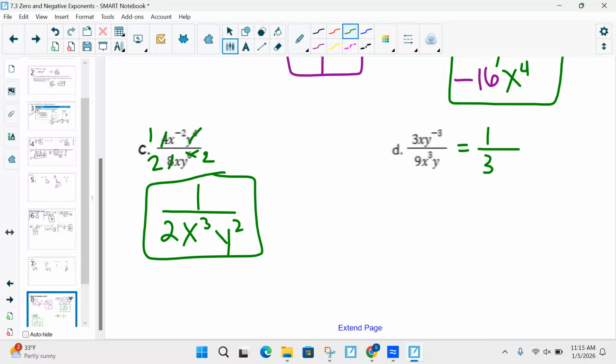You're canceling it out with one of the x's in the denominator. So one of these x's will cancel with one of these and leave you with 2 left over. And then the y's, they do come down to the denominator because it's a negative exponent, and then it adds with the one that's already there, so y to the 4th. So 1 over 3x squared y to the 4th.